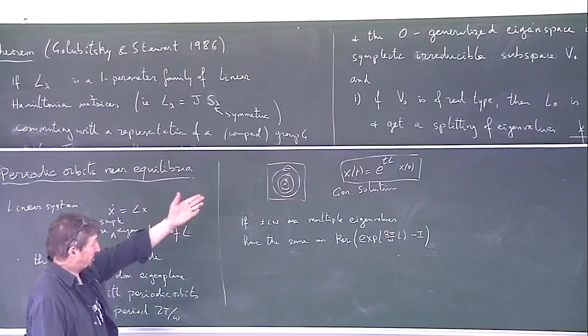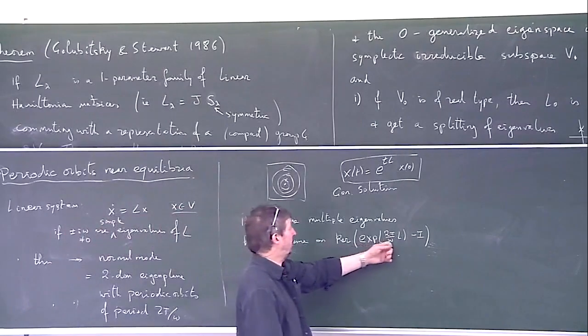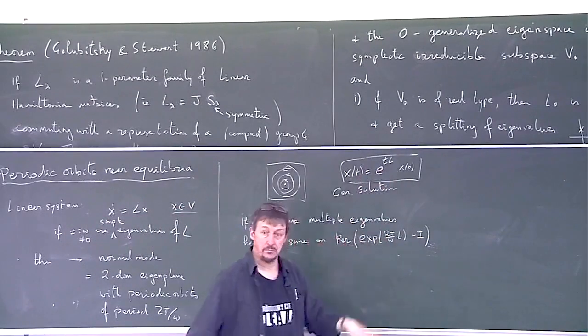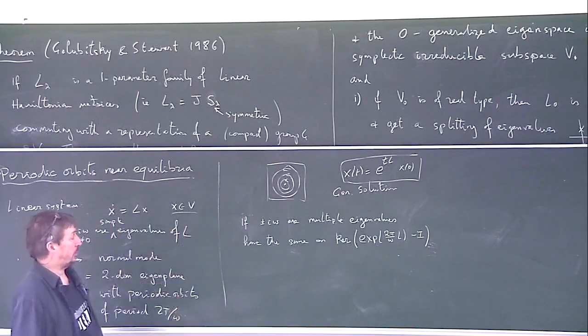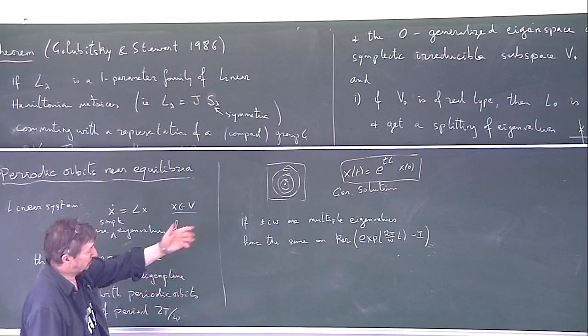So when you put t equals 2 pi over omega, the fixed points will be, well, it's just that. But the point is it's always non-zero, and it's even dimensional.